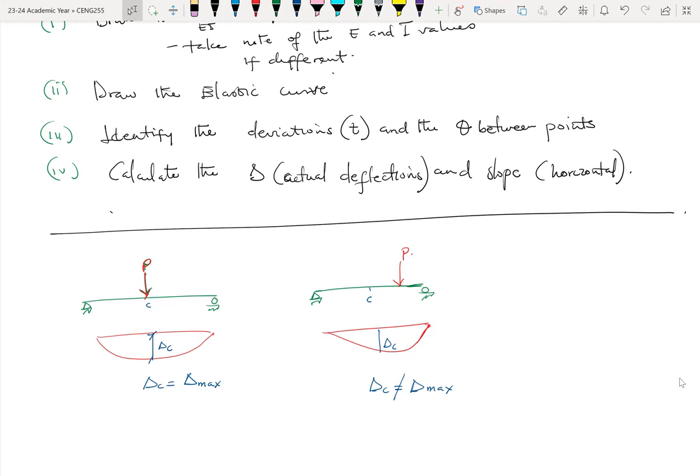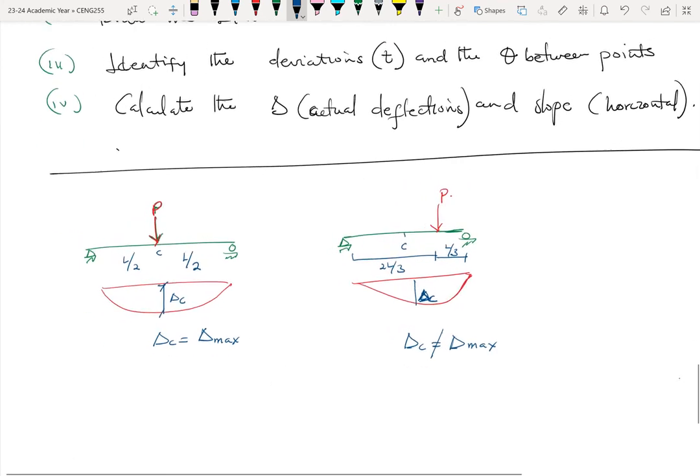So let's say if this is L over 2, and here is also L over 2. Maybe I can make this length 2L over 3, and this length L over 3, just to show the difference in the length. All right. So delta C, in this case, will not be considered delta max.